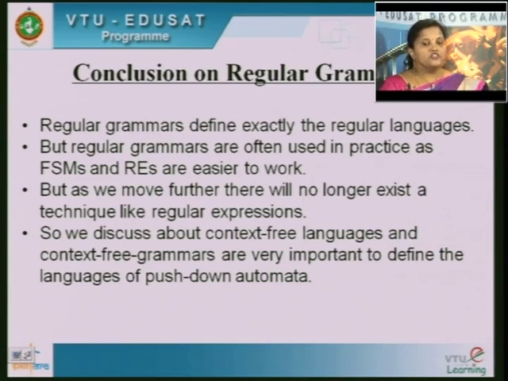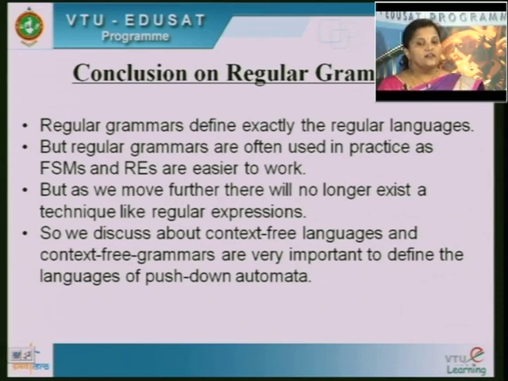If the language is not regular, you can still accept it this way. For example, a power n, b power n, for n greater than 0, is not a regular language.